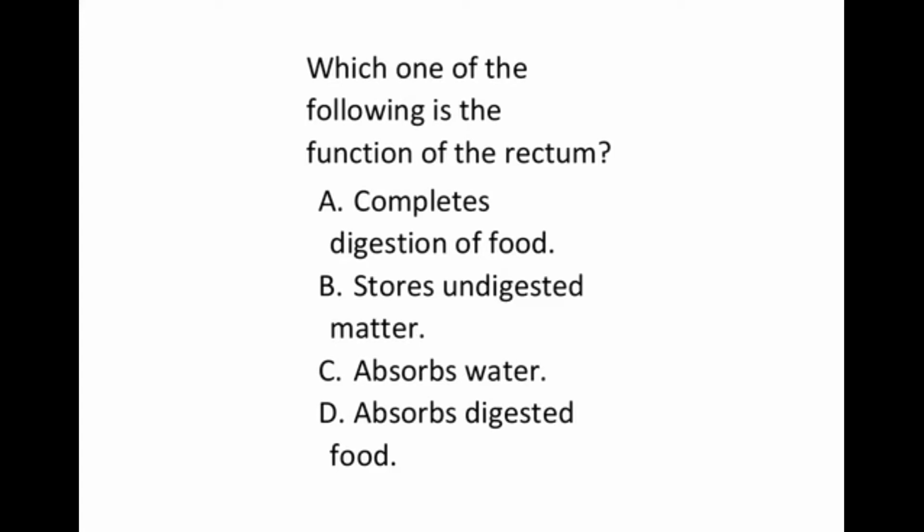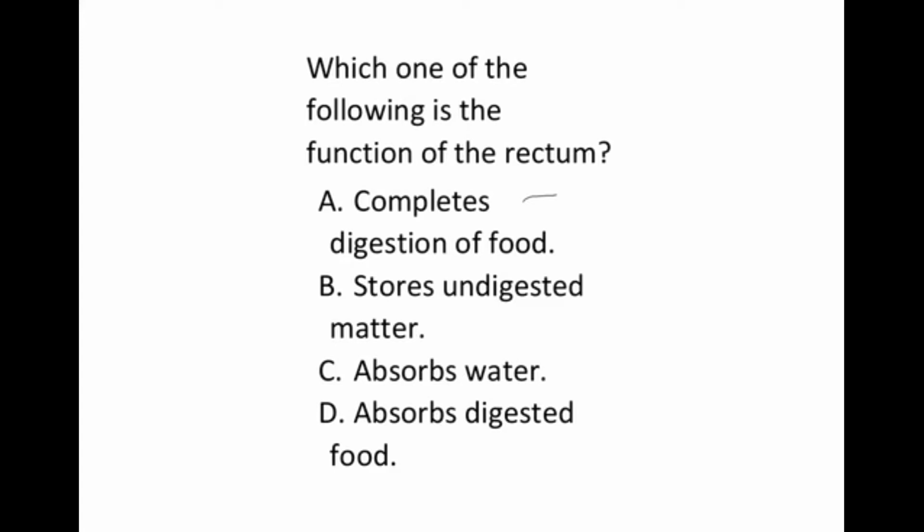So we shall start with our aim, that is to complete the digestion of food. In the alimentary canal or the digestive system, also called the gut, there are several parts, starting from the mouth, esophagus, stomach, small intestine, large intestine, rectum, and the anus.